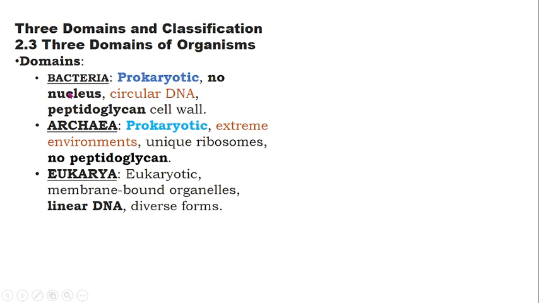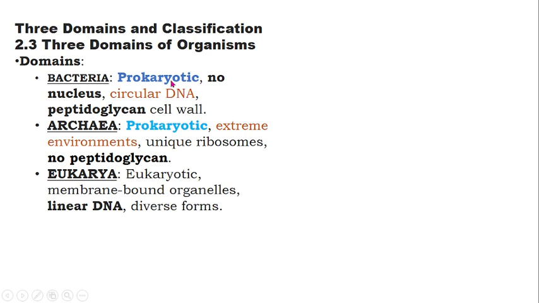I hope you know bacteria. Usually it is a prokaryote. When we say prokaryote, we mean there is no true nucleus, no nuclear membrane, and also their DNA is circular. You should memorize that prokaryote means no nucleus and circular DNA.